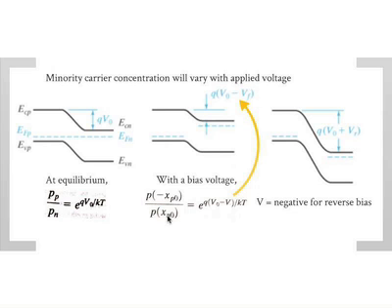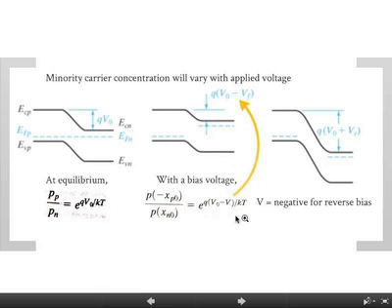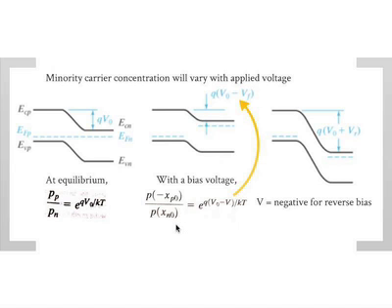Yes? Just to be clear, the V naught minus V, that V is VF, right? Yes, the applied voltage. If it's forward bias, it's VF. If it's reverse bias, it's minus VR. If it is reverse bias, this voltage increases, this ratio increases, which means that I have fewer holes that are injected across. Okay? So that's how you can quantify it.